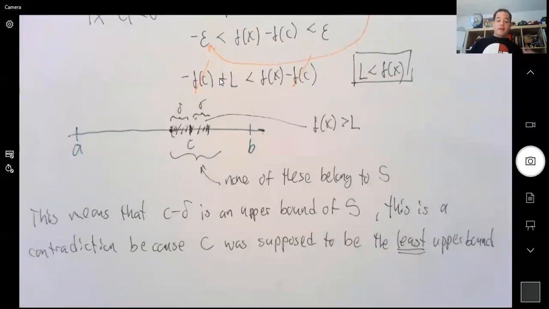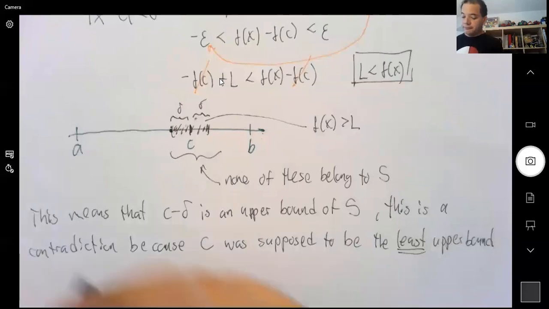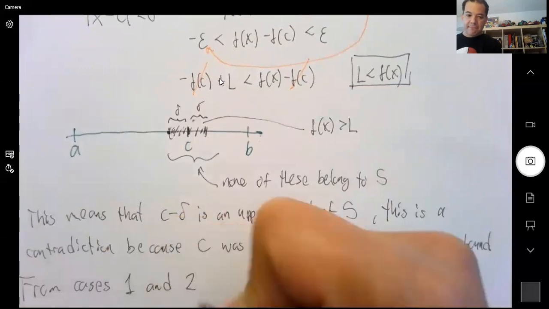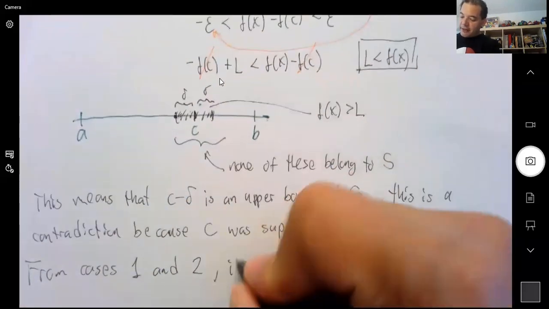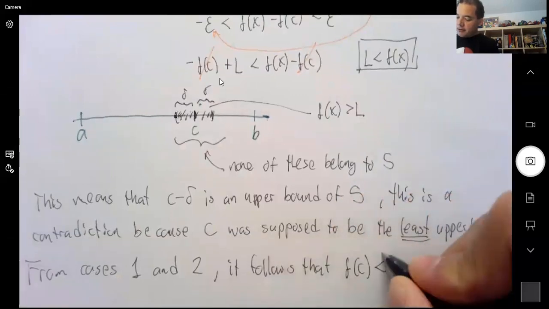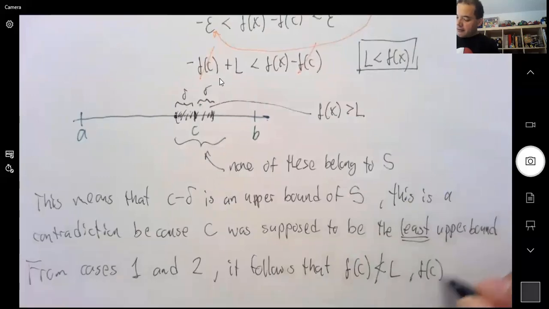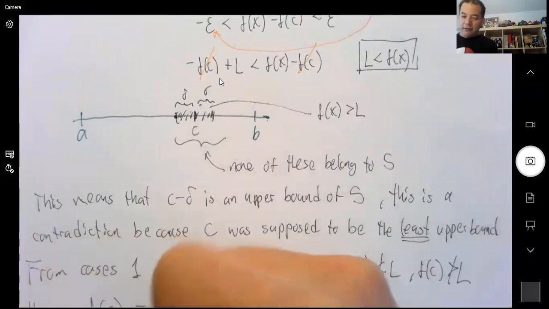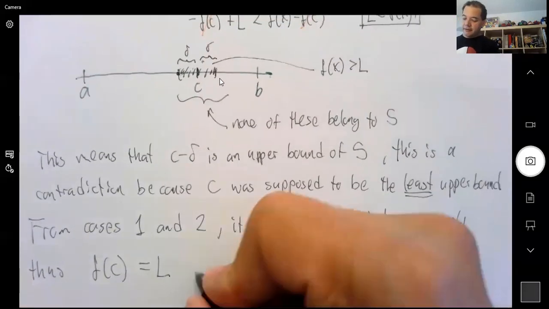So from both case 1 and case 2, what is now our situation? f of C is not less than L, and is not greater than L. Then the only possible remaining choice is that f of C is actually equal to L. So from cases 1 and 2 it follows that f of C is not less than L, f of C is not greater than L, thus f of C equals L. And that's the end of the proof.